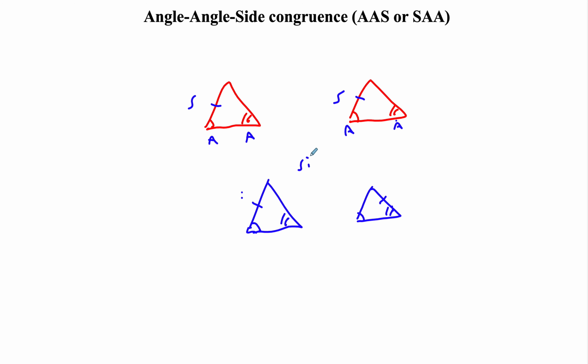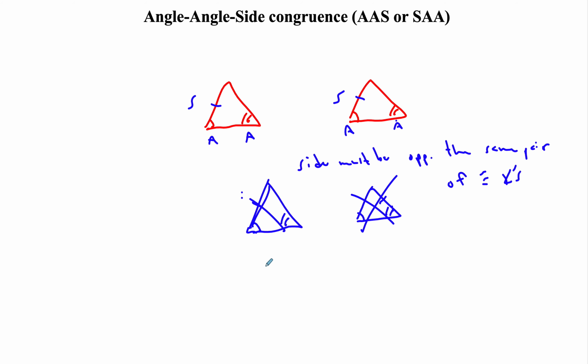The side must be opposite the same pair of congruent angles. This is not opposite the same angle that is congruent, is it? So that would mean that this does not work as side, angle, angle.